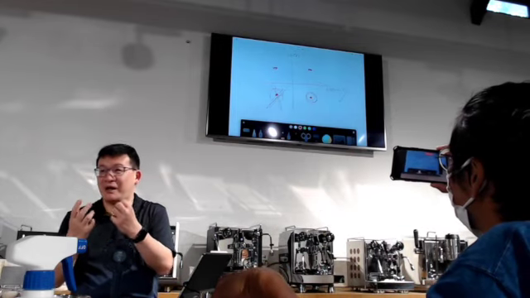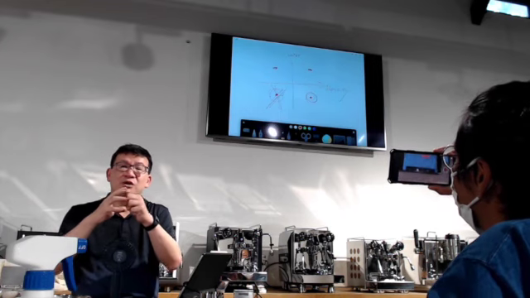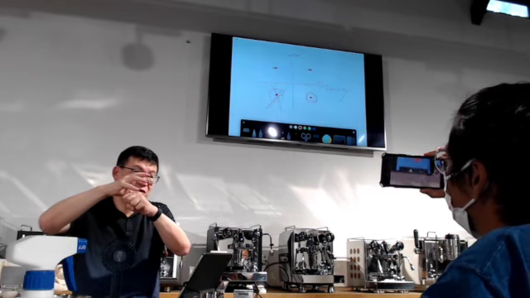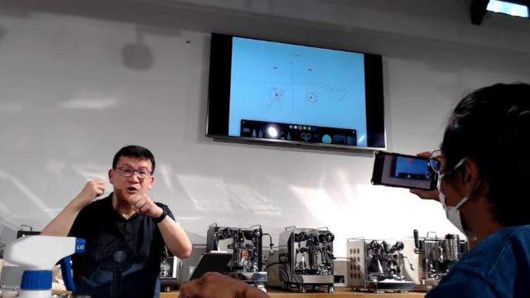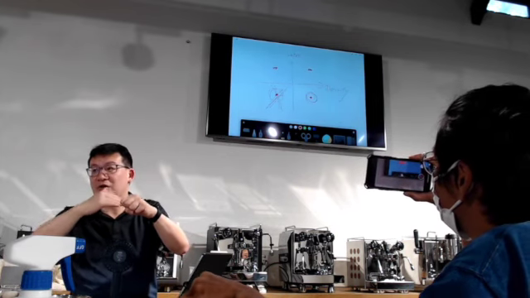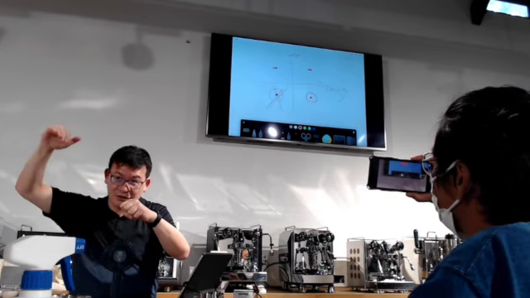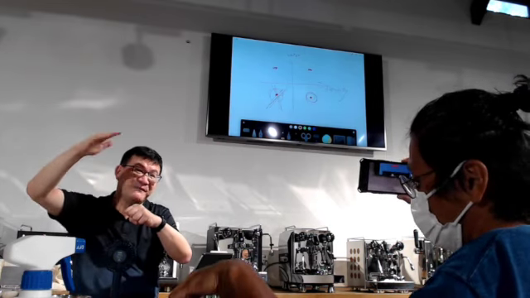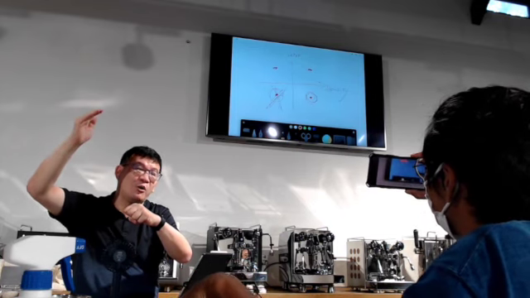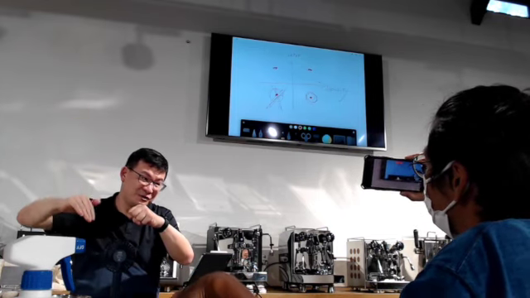For the dry beans, you don't need that much energy to remove the water. So usually the lower the water content, the higher the turning point. More water, you get a lower turning point.